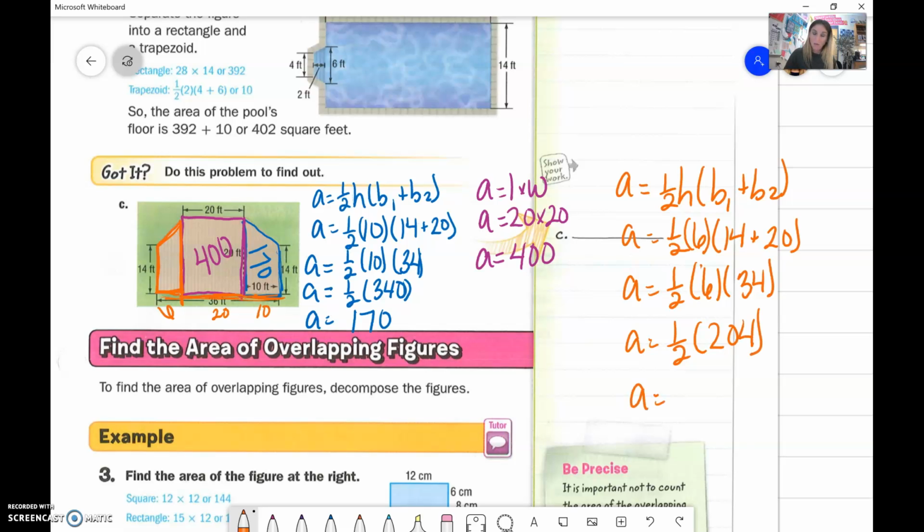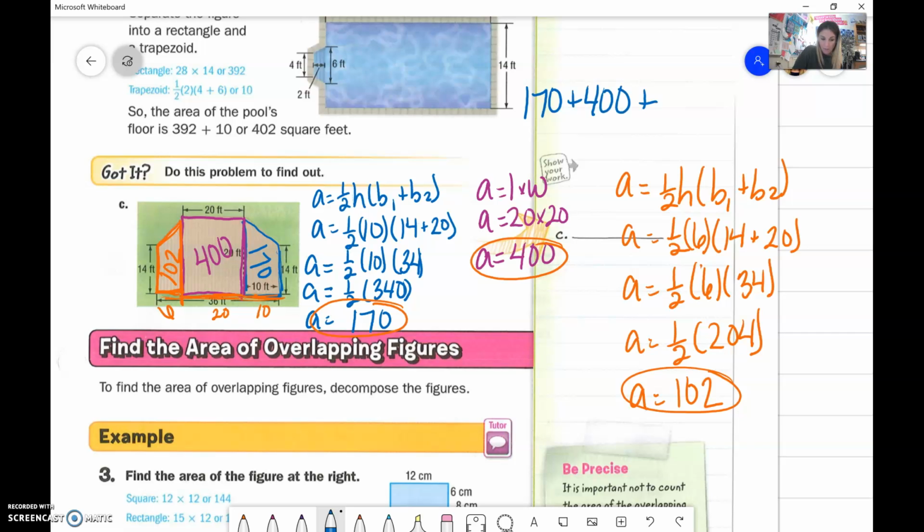When I get 1/2 of 204, I get 102, which makes this area 102. So now I need to add and find the total. So I'm going to add all three of these areas together, which gives me 170 plus 400 plus 102, a grand total area of 672 feet squared.